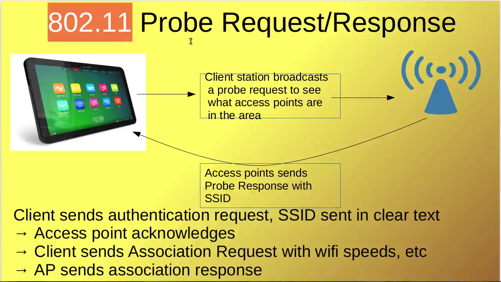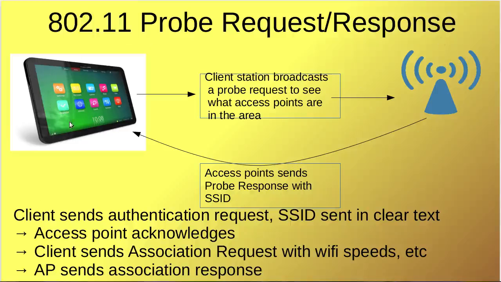And the area is however far your device can transmit. If there is one, let's say you walk into a cafe, the cafe access point will send back a probe response with its SSID.